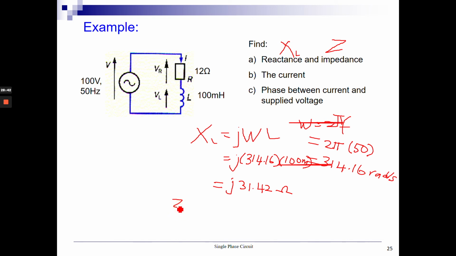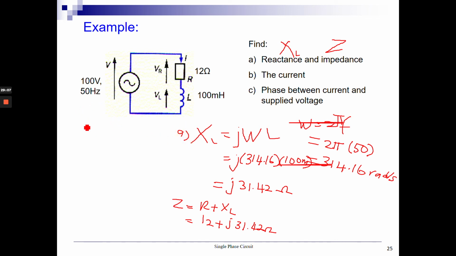So impedance equal to R plus j XL. So equal to 12 plus j 31.42.